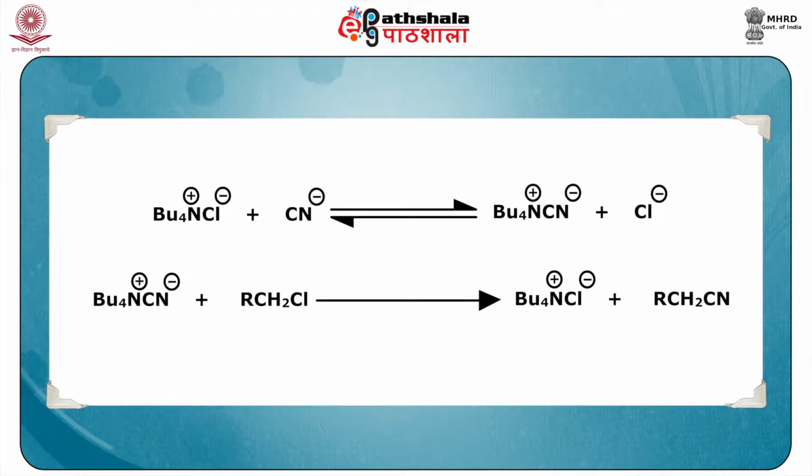The cyanide will come in place of Cl, and now this is soluble in the organic medium and it can interact with the organic molecule, the RCH2Cl here, and it will take the Cl back, helping in the substitution of the molecule. So, RCH2Cl with the help of this phase transfer catalyst can be converted into RCH2CN, as compared to without the use of these phase transfer catalysts. Similarly, crown ethers can also be used.